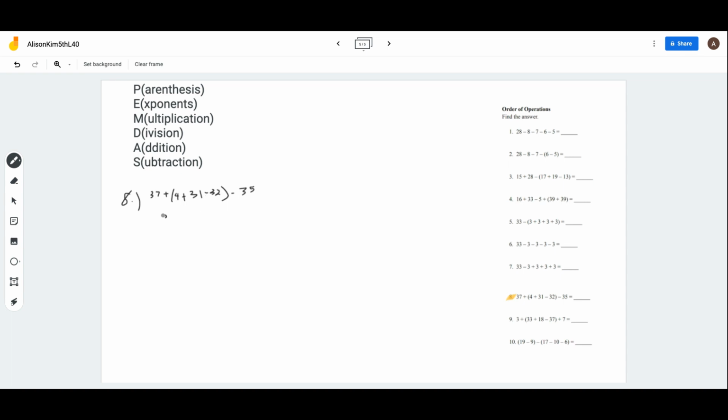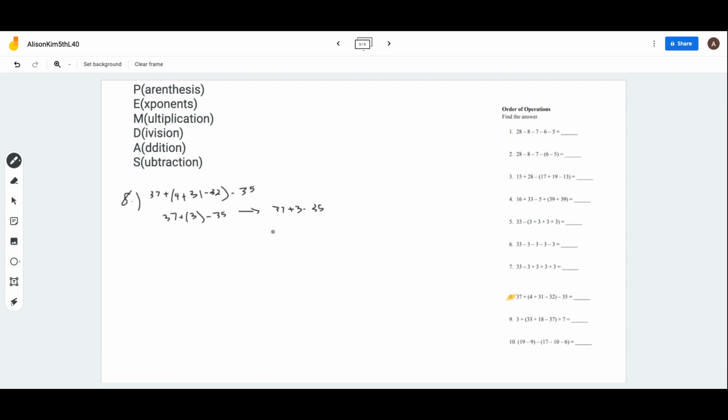So it's going to be 37 plus 3, and you could put parentheses if you want, you don't have to. Minus 35. So this is essentially the same thing as 37 plus 3 minus 35.